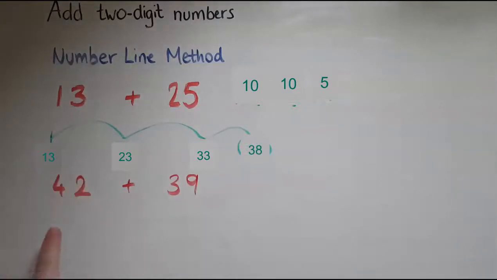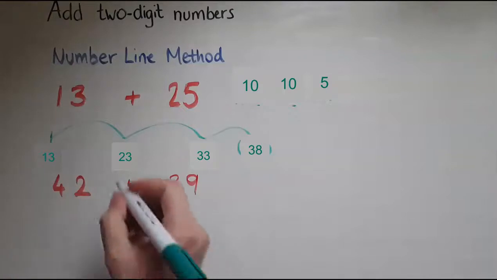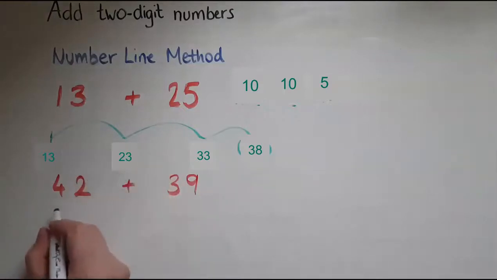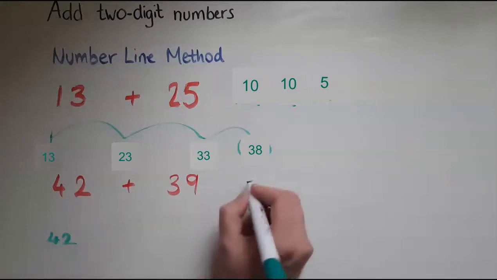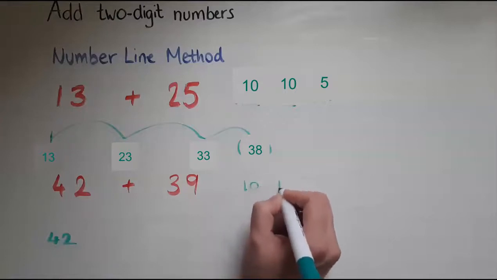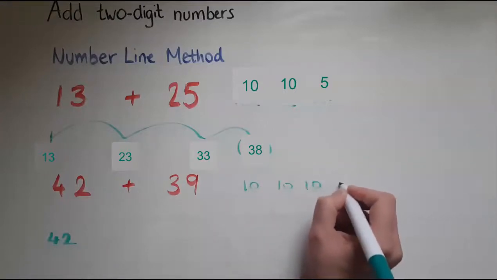Now we'll look at another example. So we've got now 42. So we're starting with 42. I'll add to that, there's 10 and 10 and 10 and 9.